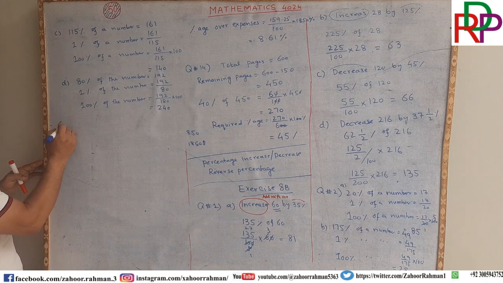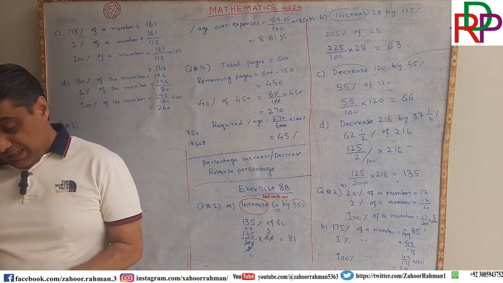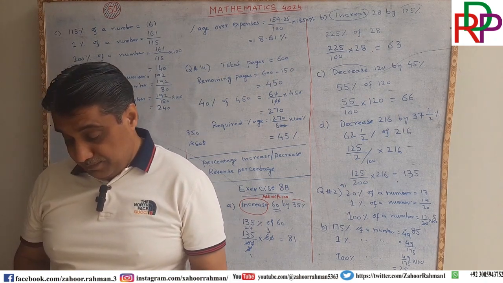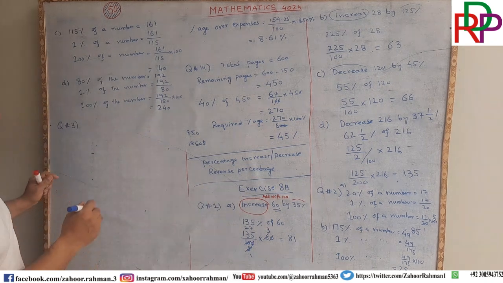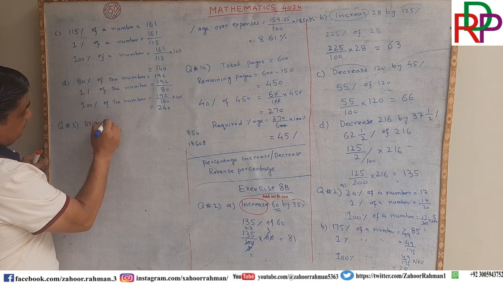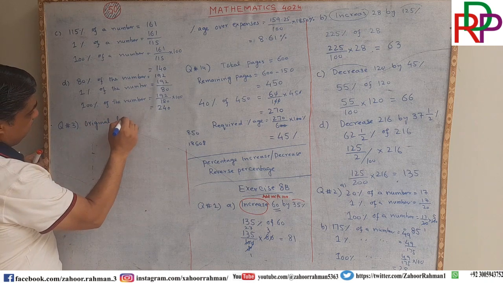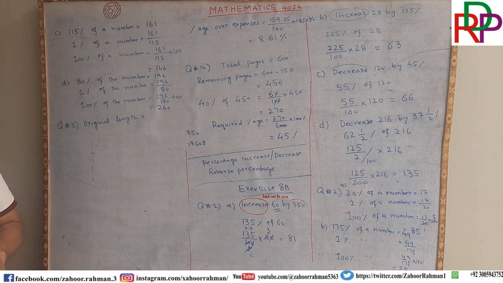Question number 3. Now we are coming to the real scenario. There is an elastic band which is 72 centimeters long. Original length is equal to what?